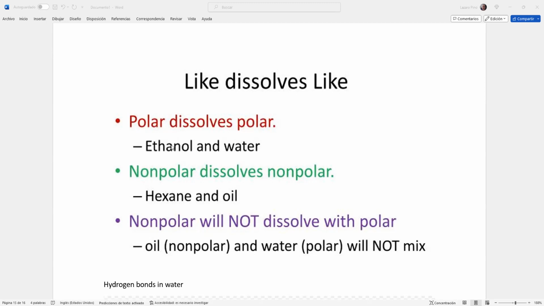For example, ethanol is dissolved in water. Non-polar dissolves non-polar. For example, hexane can be dissolved in oil. But non-polar will not dissolve polar. So oil that is non-polar cannot be dissolved in water that is polar.